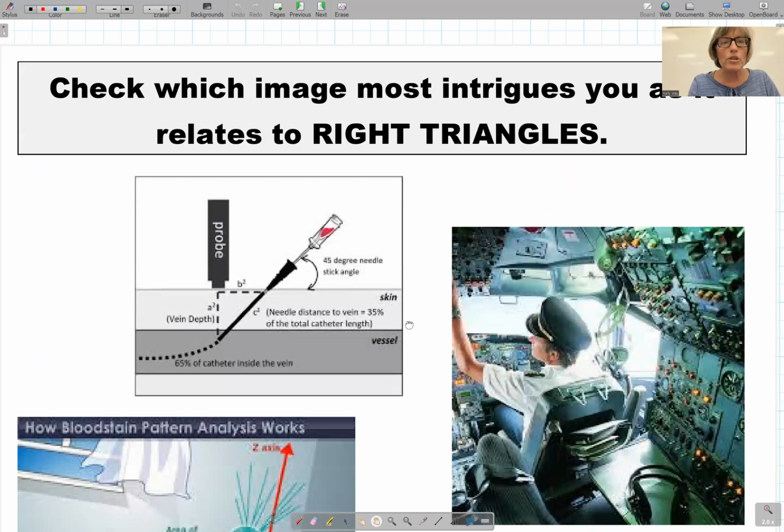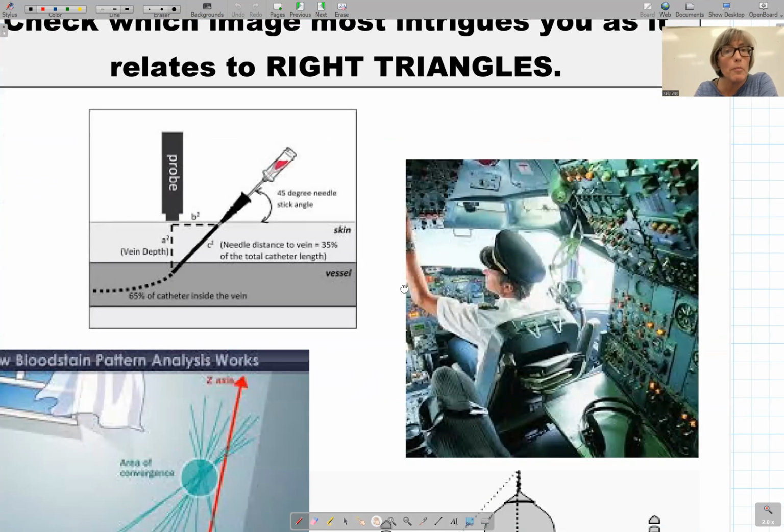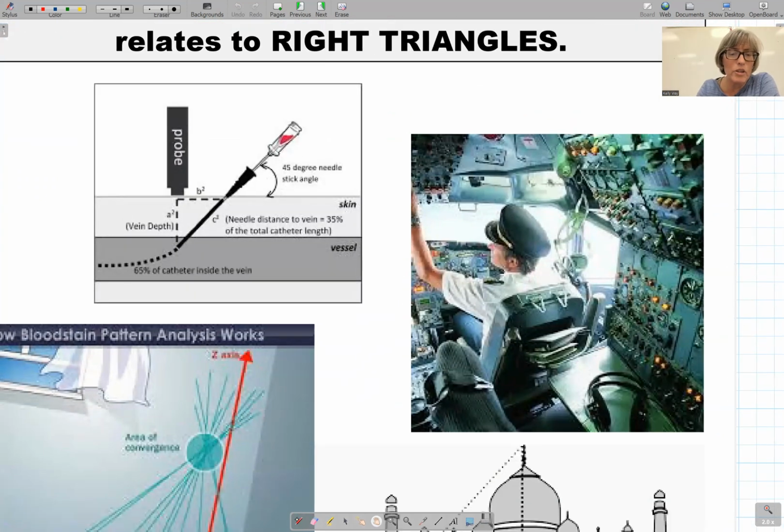Right triangles are related to hundreds of different professional applications, including the medical field. The insertion here of a syringe has to be at a certain angle, right triangle, calculated, hits the vein at a certain amount, etc., to deliver medication.